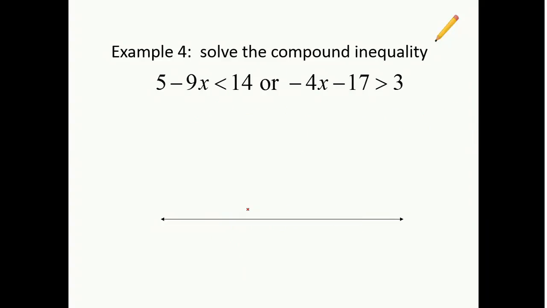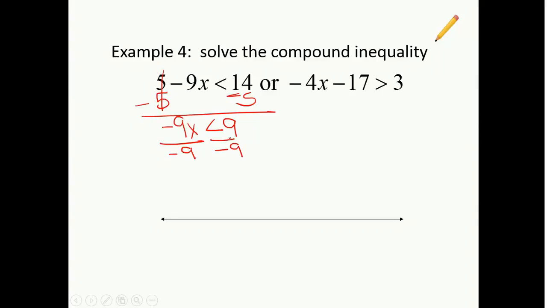So notice how this is two completely different problems, separate from each other. What you can do is basically solve one and then solve the other, just like you normally did earlier. So let's treat this one as its own problem. I'm going to subtract 5 from both sides. I'm going to get negative 9x is less than 14 minus 5, which is 9. Then I got to divide by negative 9.